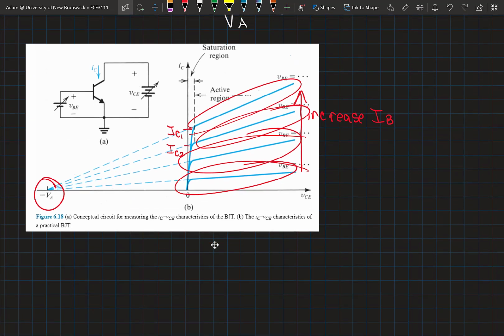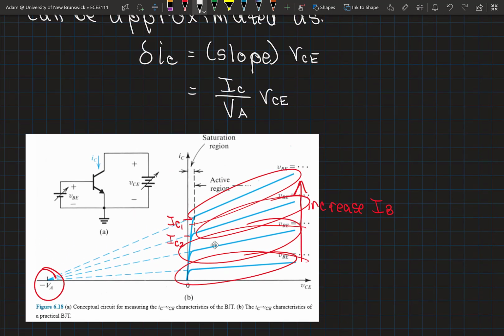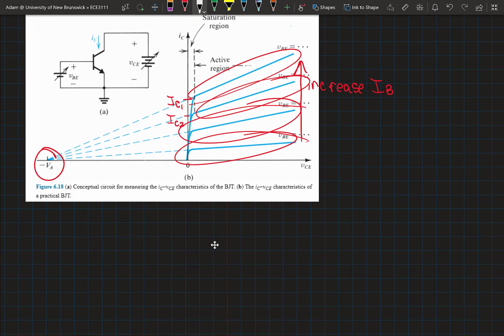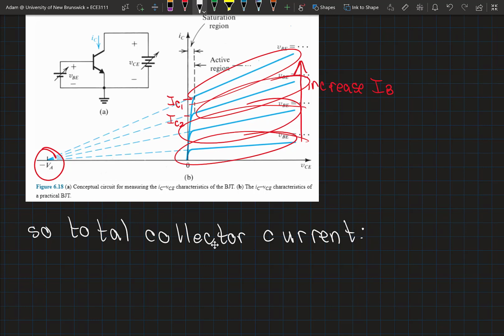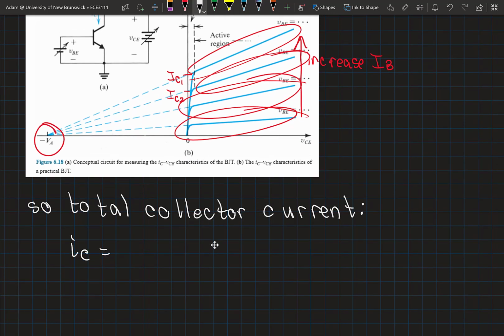Okay, so if that change in collector current is given by this, then our total collector current is our collector current due to our input bias plus the collector current due to the early effect. So this we might call IC.